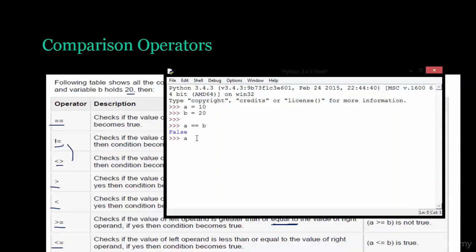And if I type A not equal B, this will give us true because A is not equal to B. And if I try the other not equal operator, Python does not know this operator. Maybe this operator is in Python 2, not in Python 3.